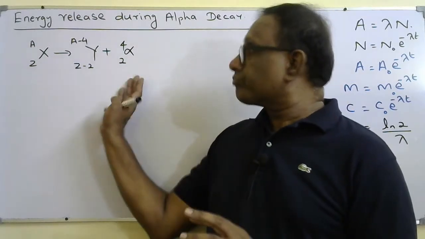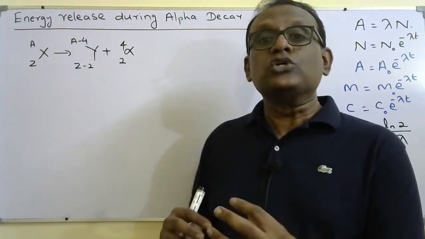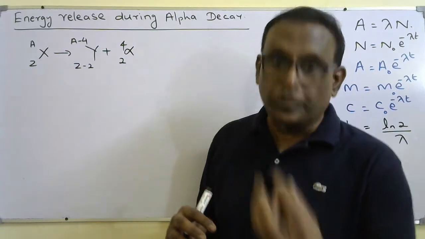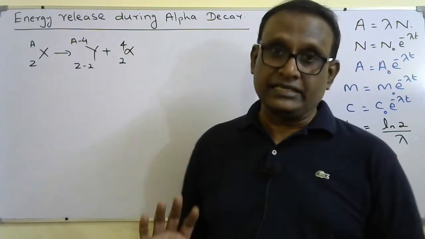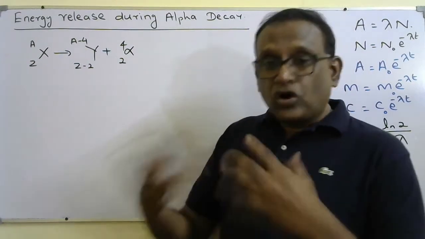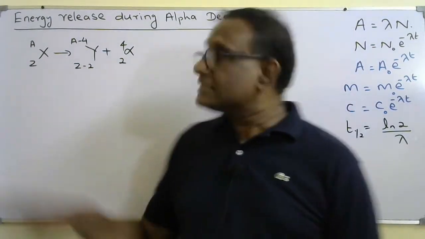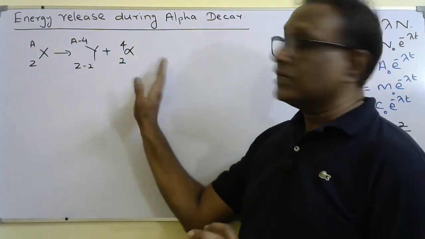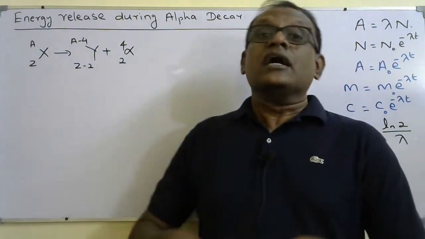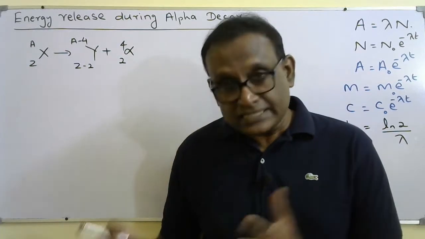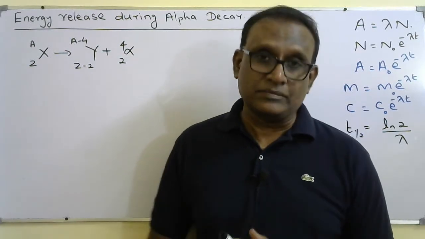But the energy released due to mass deficit is the dominant one, the one with the most impact on the total energy release. So if you want to find the energy release during alpha decay, we mainly consider the amount of mass deficit, and we use E equals mc squared.